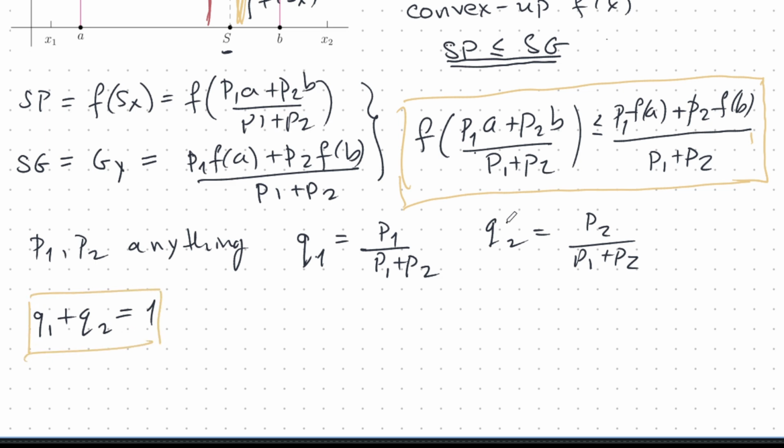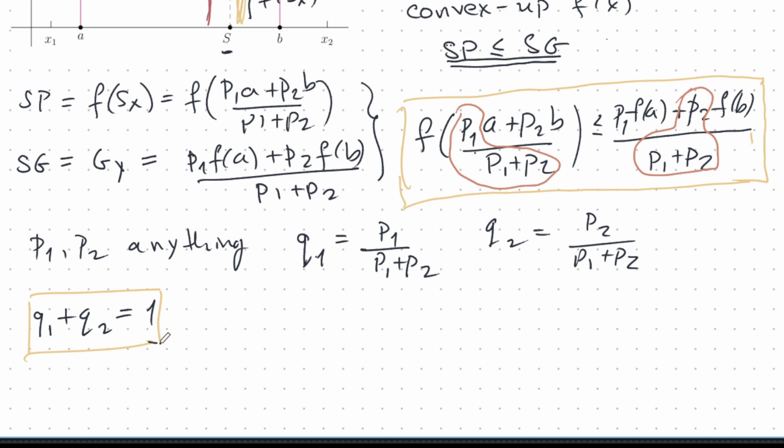And if you look carefully here, let's use color. This is Q1, and here we have Q2. So we can rewrite everything.